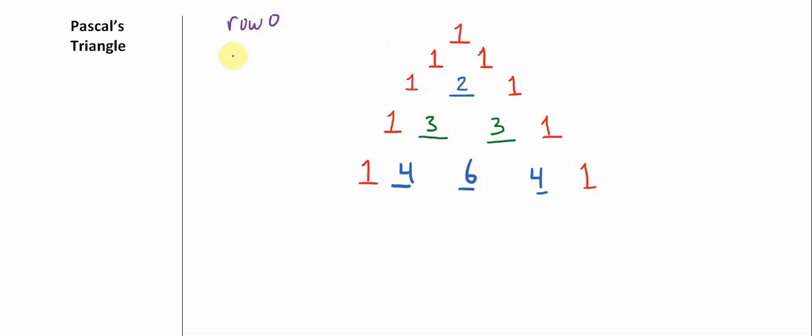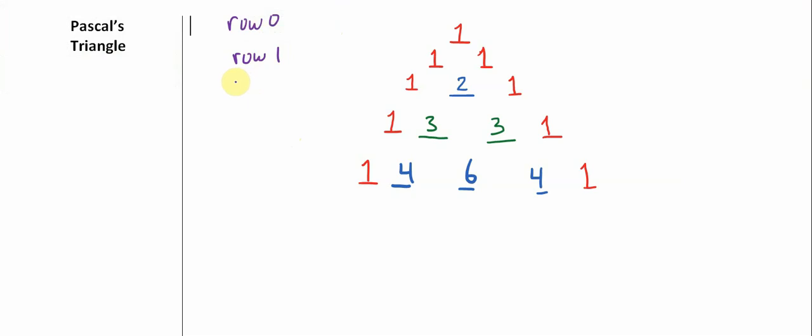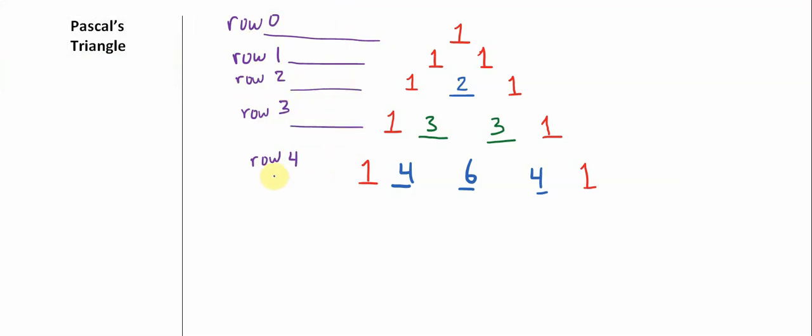The next level here is row 1, and then row 2. This right here is row 2, this is row 3, and this is row 4. So row 0, row 1, 2, 3, and 4.